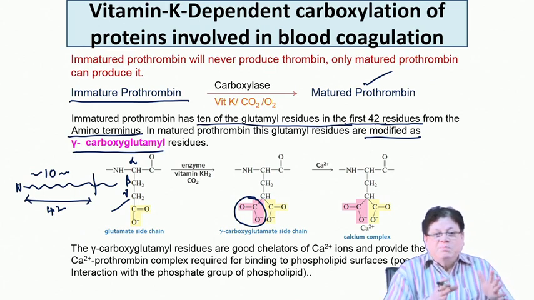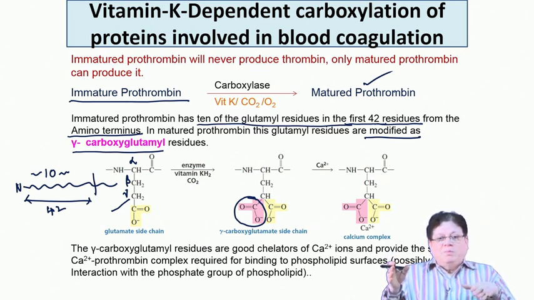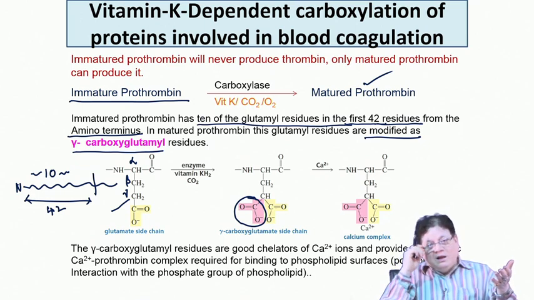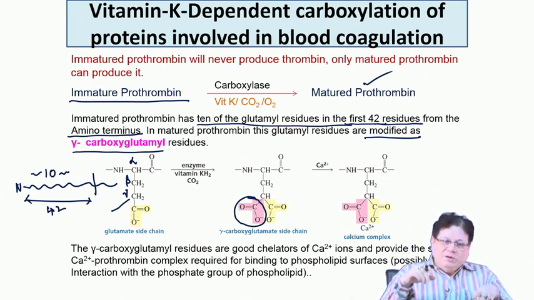So, the difference between immature and mature is that immature prothrombin contains a large number of glutamic acids, and in mature prothrombin these glutamic acids are further gamma carboxylated with the help of vitamin K to form gamma carboxyglutamic acid, or gamma carboxyglutamyl residues.